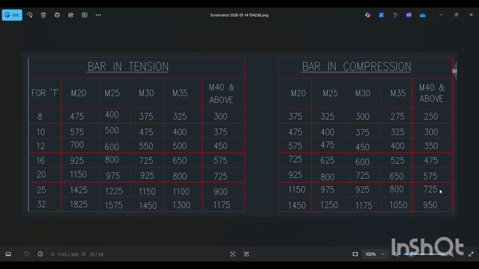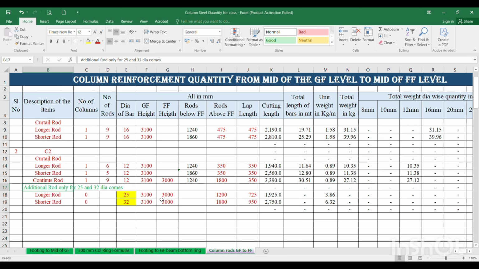But this 725 mm rod can't be added at the time of first floor concrete; we need to add this rod at the time of ground floor column concrete, for 25 and 32 dia. In our project there is no 32 dia, so we need not bother about 32 dia, only 25 dia is there. That 25 dia has to be taken care of. I will explain one 25 dia column rod also for the experience. Now here there is no addition or deletion, just keep this additional rod section for 25 and 32 dia for the next purpose.